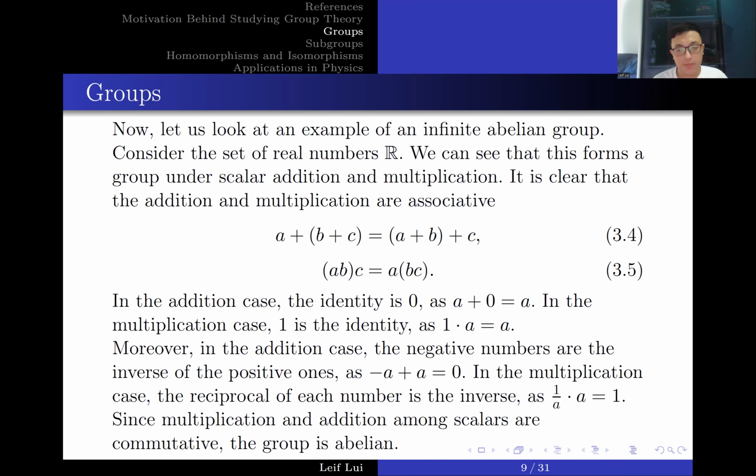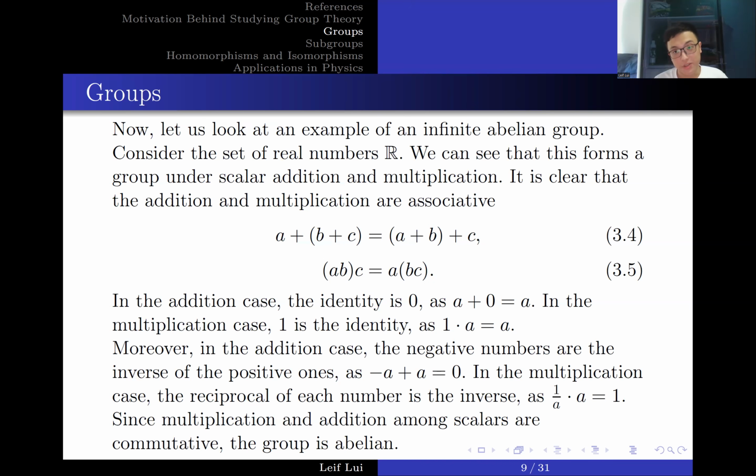But in the next case, there are differences in the identity. In the addition case, we can clearly see that 0 is the identity, because any scalar added to 0 is equal to the scalar itself. But in the multiplication case, this is completely different.